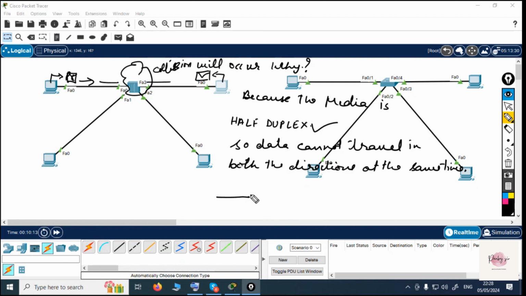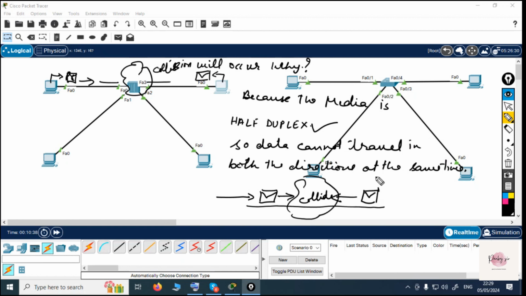So if data will move in two different directions and the path is half duplex, that means they have to collide. The data will collide. Collision will occur. Getting my point or not?